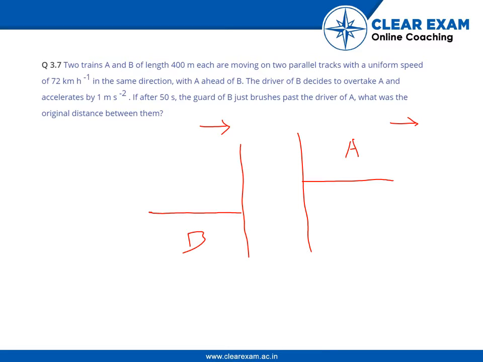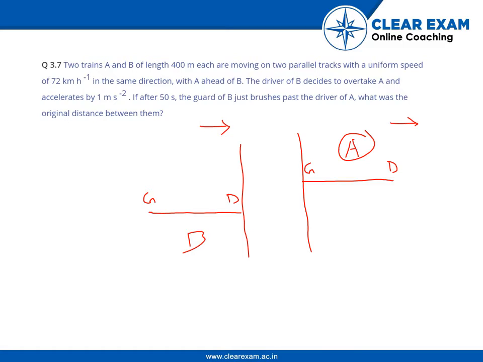driver of B decides to overtake train A. Now, where is the driver of B located? He is located here, and guard of B located here. Similarly, driver of A is located here, and guard of A is located here. So when a driver of B decides to overtake A, what does it need to do?